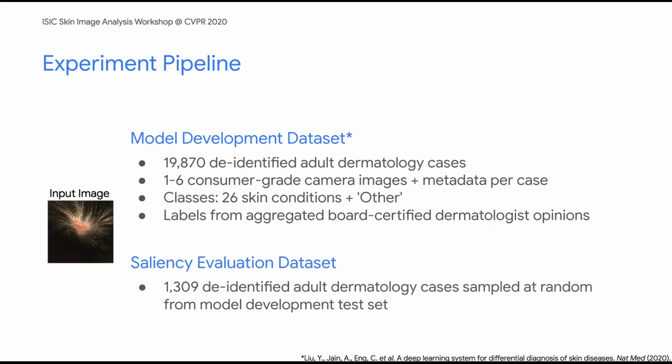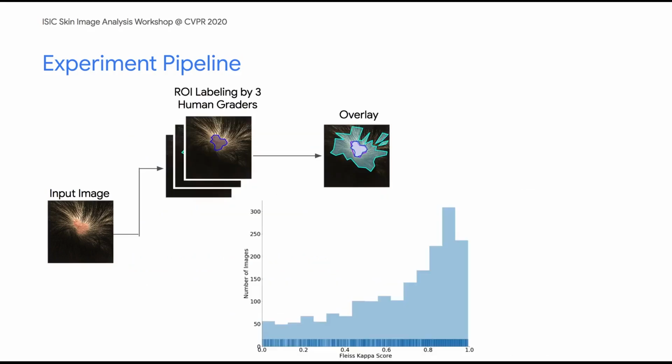For the purposes of this work, we selected images from a subset of about 1,300 of those cases. The cases in this saliency evaluation dataset were drawn from the same distribution of conditions as in the larger dataset used for model training. For each image within the saliency evaluation dataset, we computed a human-labeled region of interest. In particular, for each image, 3 dermatologist-trained graders labeled regions of interest for diagnosing the skin condition present in that image.